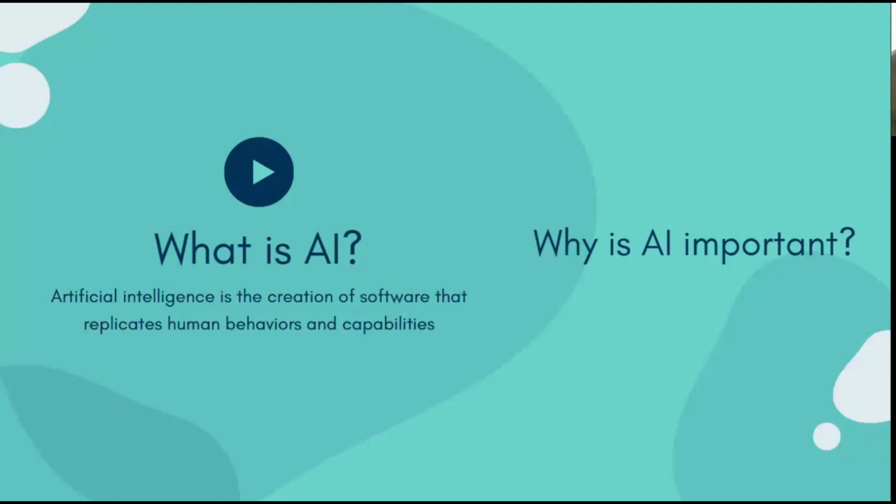Maybe to avoid repetitive work. Absolutely. So a simple explanation of why AI is important: AI mimics human capabilities, and AI helps us automate mundane tasks, tasks that are repetitive, formulaic, mundane, and more importantly, AI helps us do that at scale.